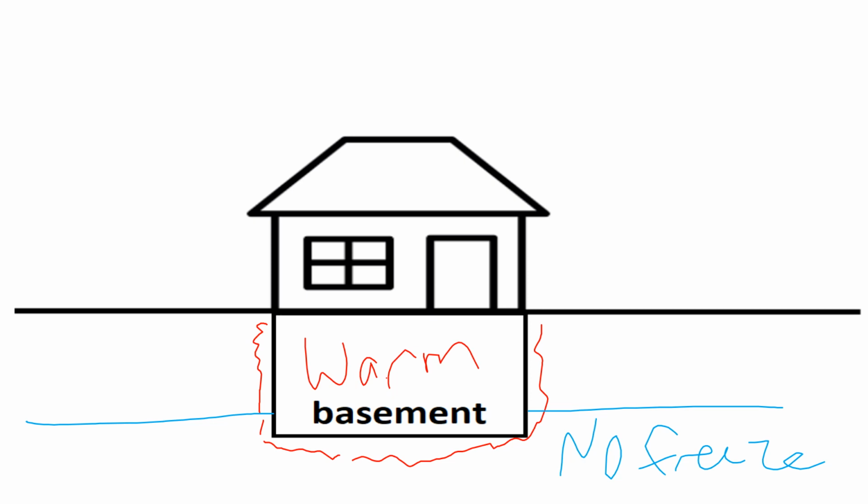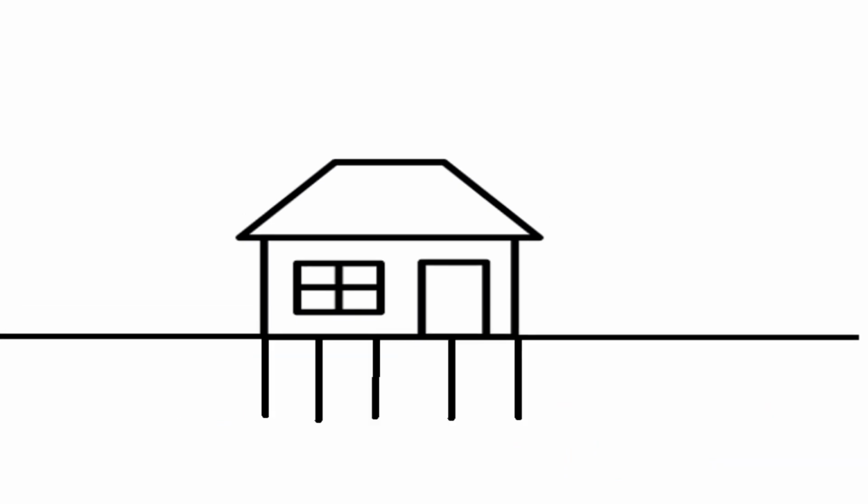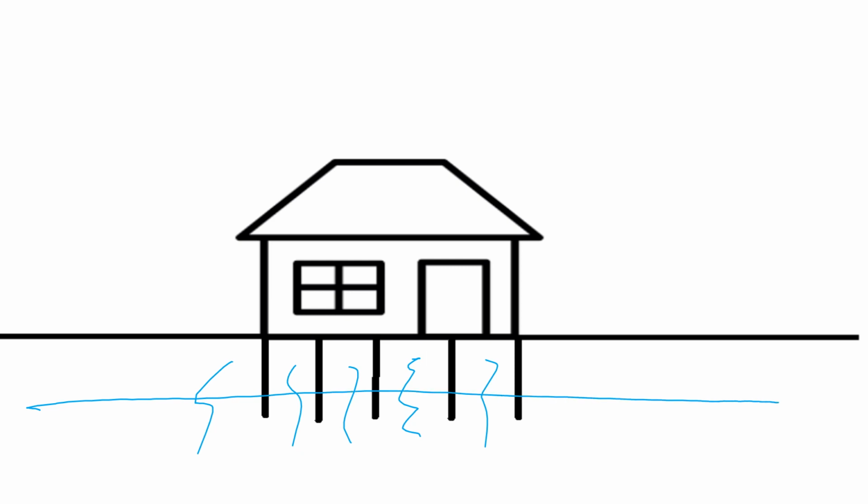Most basements are deep enough that you end up being below the frost line. Some places might be cold and have a really high water table. So what they have to do is they have to basically put the house on stilts and drill the stilts in the ground. So the water here can freeze and it can push around, but it can't push the whole house because the house is anchored below the point where the water can freeze and push on the house.